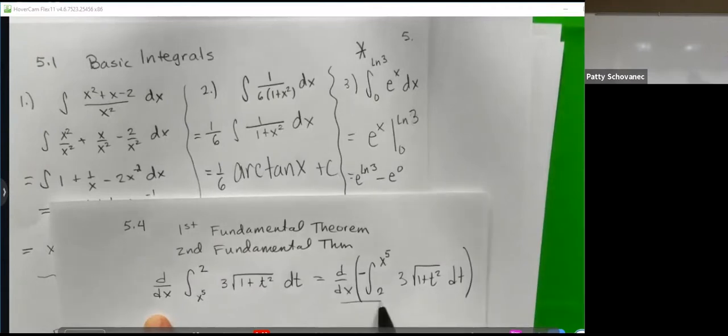Now I'm using the second fundamental theorem that says that this operator and that operator cancel each other out, and we'll get minus 3 times the square root of 1 plus the upper limit squared. The upper limit was x to the 5th. The chain rule says now I take the derivative of x to the 5th.